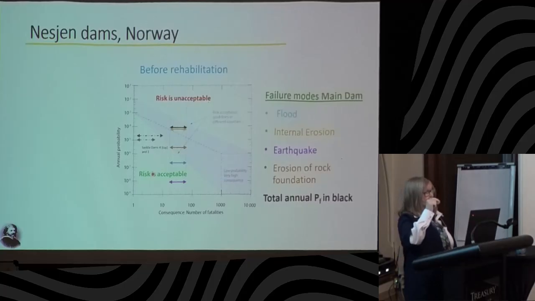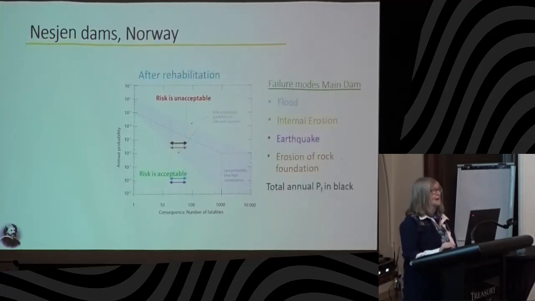We will make it so that when a flood comes and the water rises, we just let it fail by having it 2 meters lower. So it would be a controlled release of the water. So it was a fuse plug. And here is the illustration of how the annual probability of failure changes with the remediation, including a fuse plug.